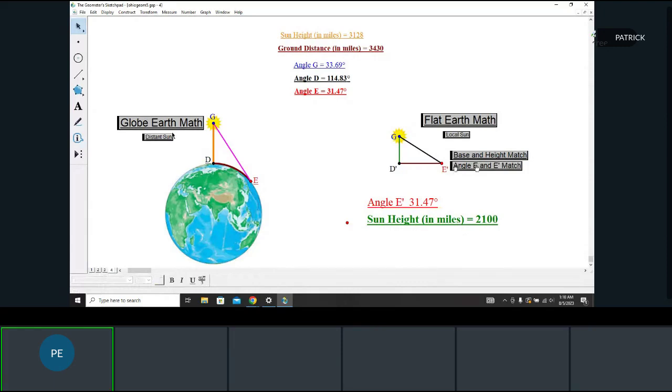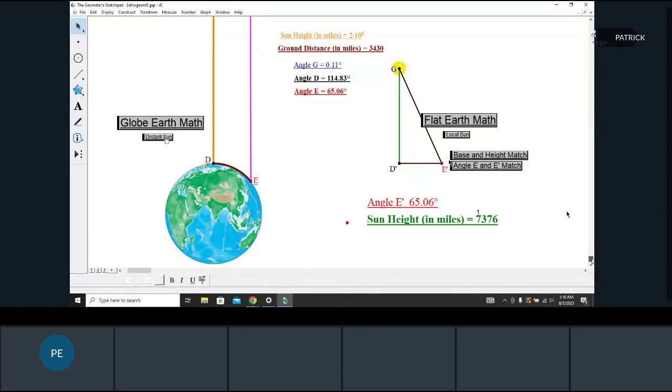I wanted to show you something here with the distant sun. This one here, if we measure 65 degrees to the sun right here, then what that's telling us is if the Earth was flat, the sun would be 7,376 miles in the air compared to 2 million miles in the air over here.